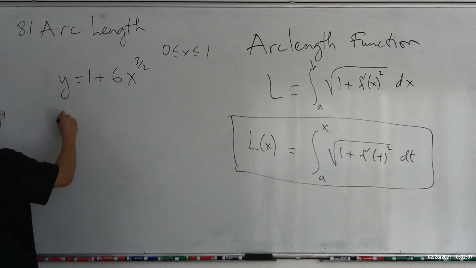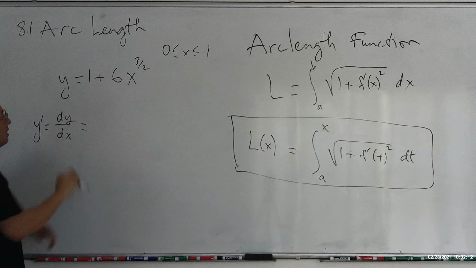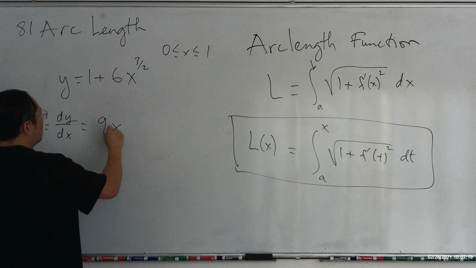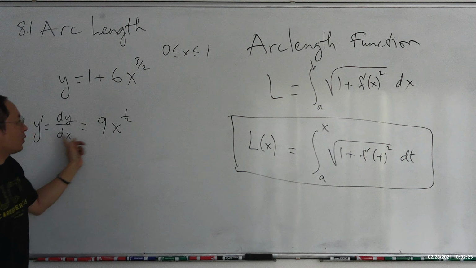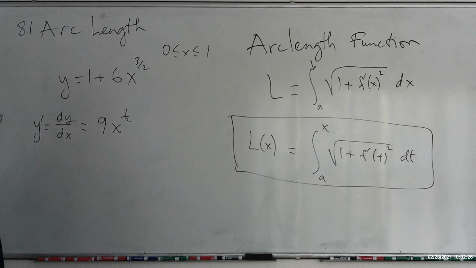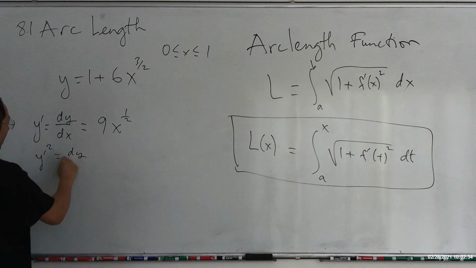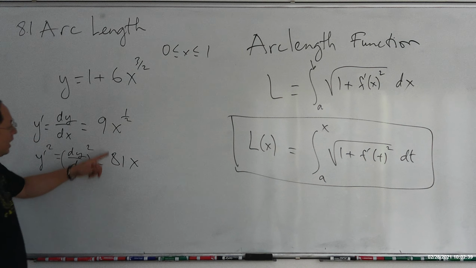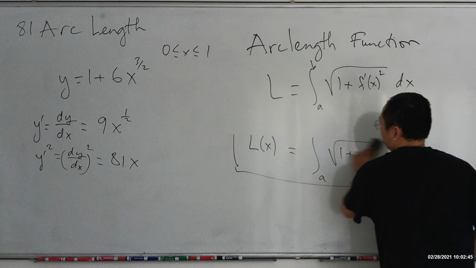So y prime or dy over dx, however you write it, is equal to, derivative of 1 is 0, the derivative of this is 6 times 3/2 is 9, x to the 1/2. Now you see why they had to set up the function nicely, so that when you square it, you have a very nice function. So y prime squared, or dy over dx squared, is 81x, right? 9 squared is 81, x to the 1/2 squared, just 81x. Then apply the formula right here.